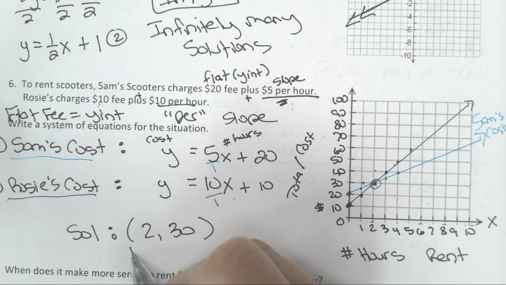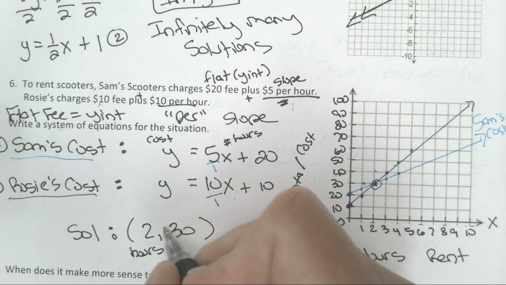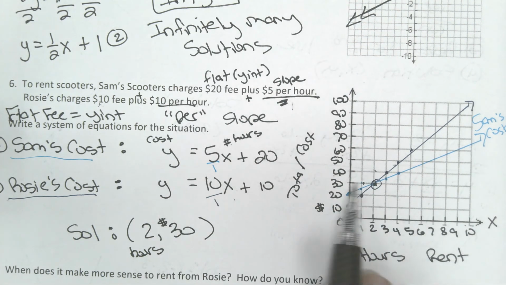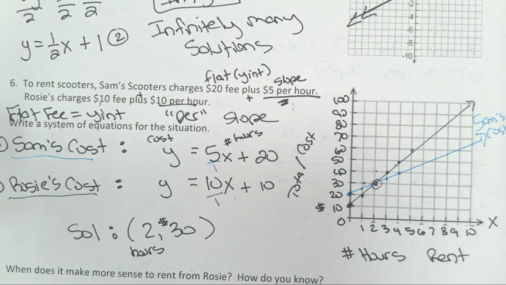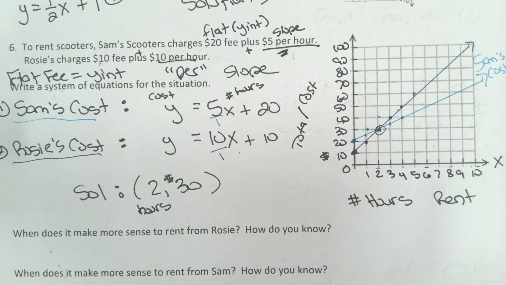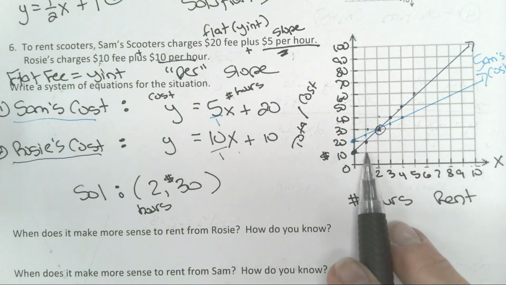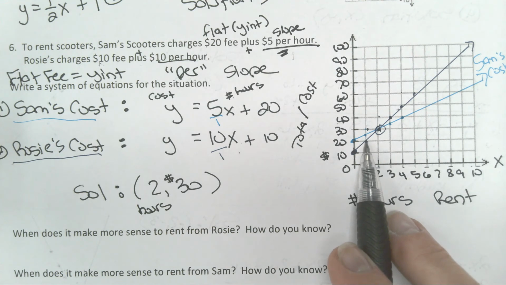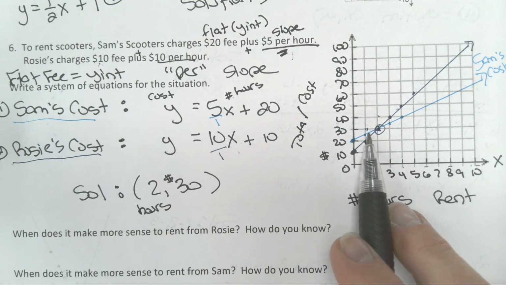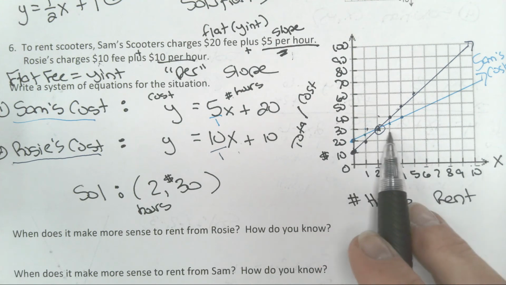The 2 was the hours, so at 2 hours, and then the y is your dollar amount. It's going to cost me $30. When does it make more sense to rent from Rosie? All right, so at 1 hour, she's the blue line. She was only $20, but Sam was $25.